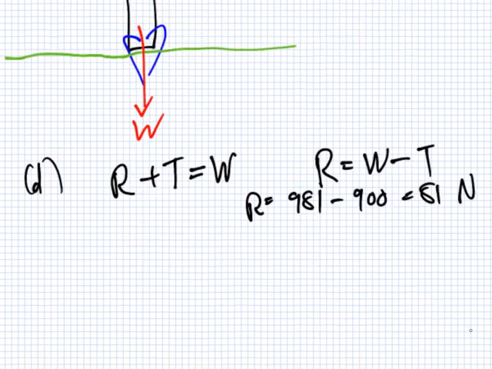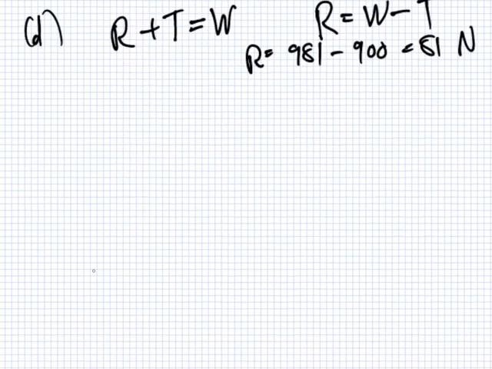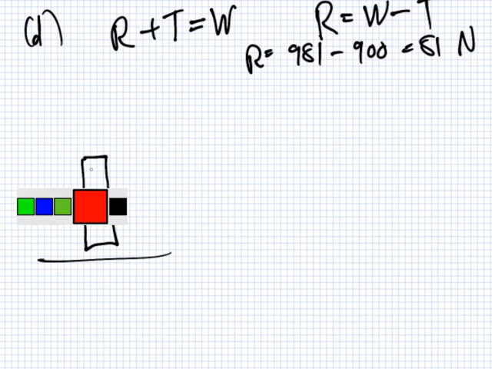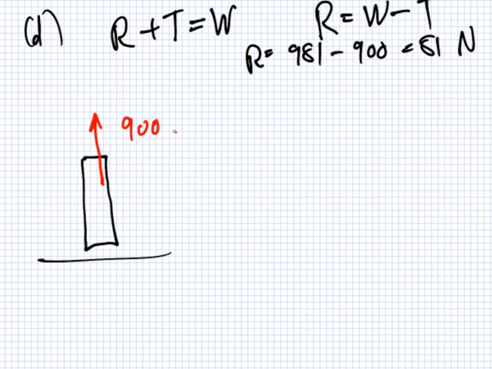Can I go down a little bit, like to here? Yes. So if we have a look at our picture, it's like this. The engine is giving 900 newtons. What's the weight? 981. Will the rocket move? Will it move? Yes, it'll move down. Well, in this picture it would move down.